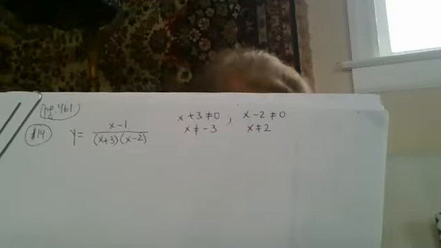Which means I can already write down that the domain of that function is set R except -3 and 2. If you do not want to write this in set notation, we have 4 different notations, but 2 are better than others.